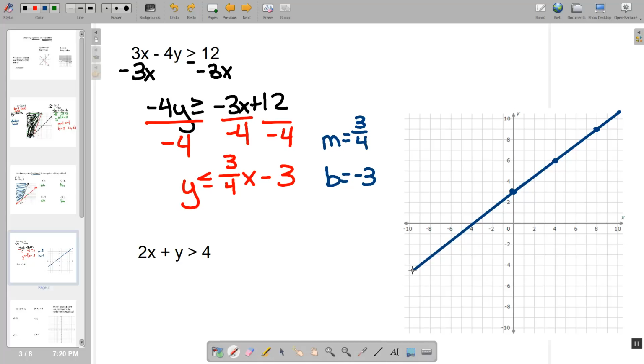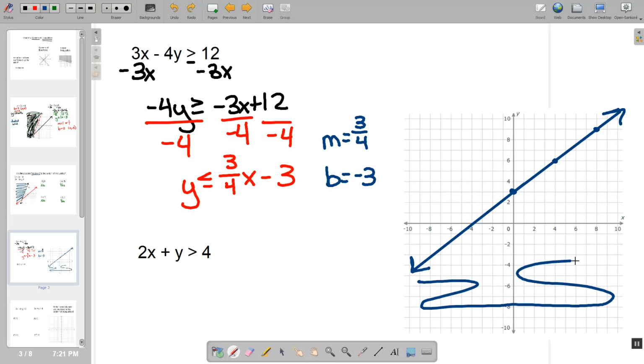Put my arrows on the end. And I ask myself if this is a solid or dashed line. It is a solid line. And I want to shade underneath or below this equation. So that would be down here.